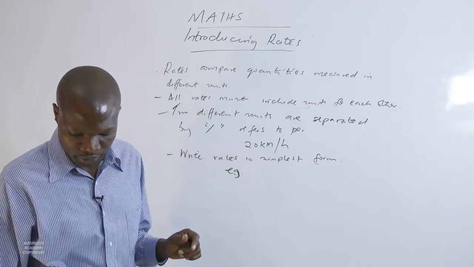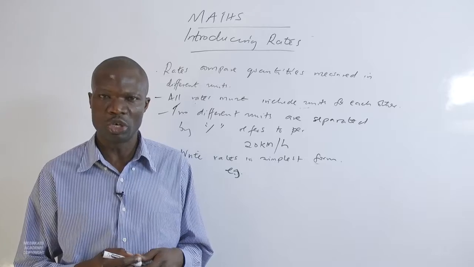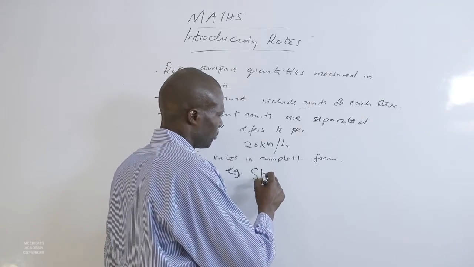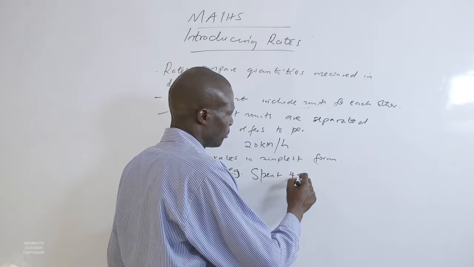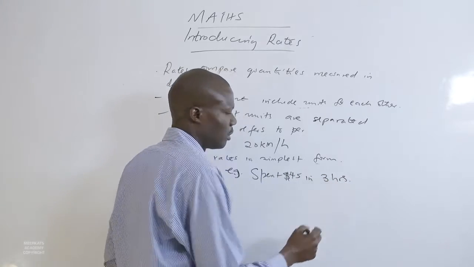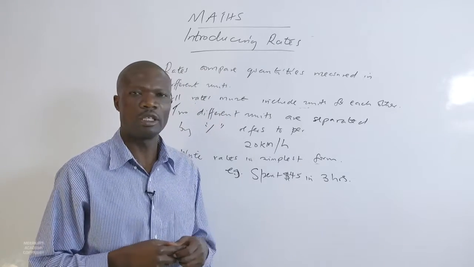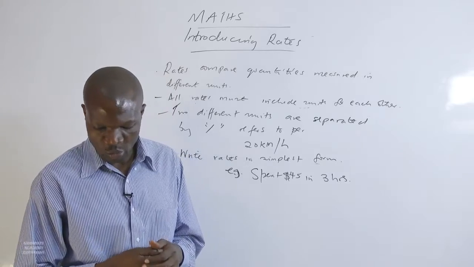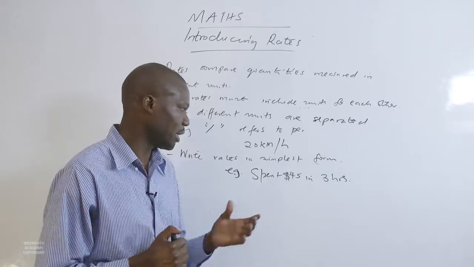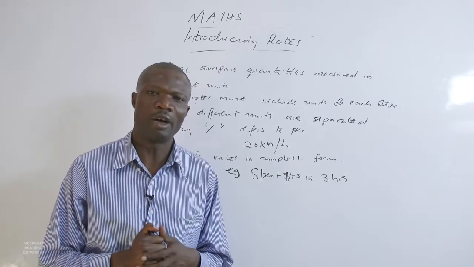For example, if you spend $45 in 3 hours, then the question would be, what is the rate of expenditure for every single hour?